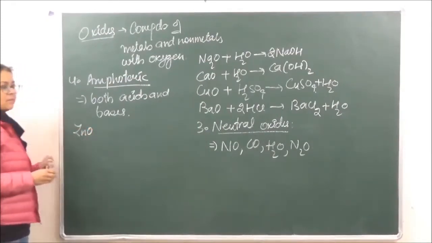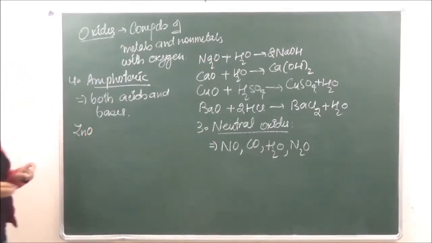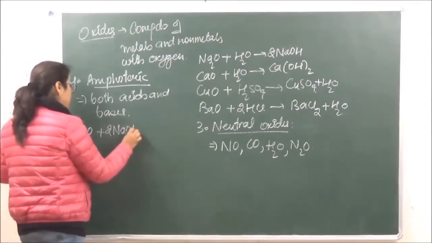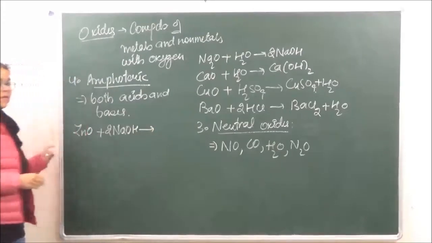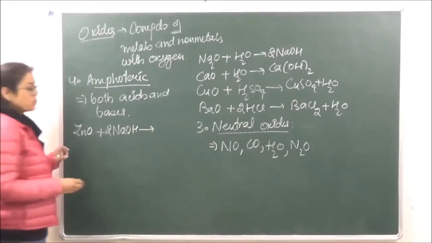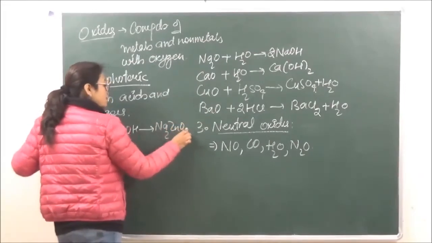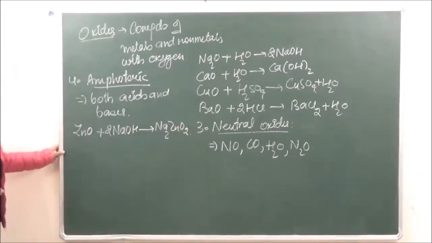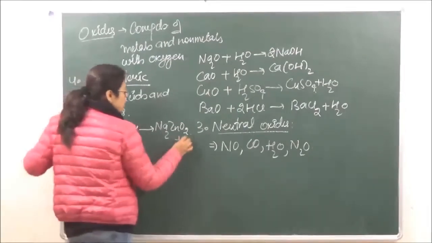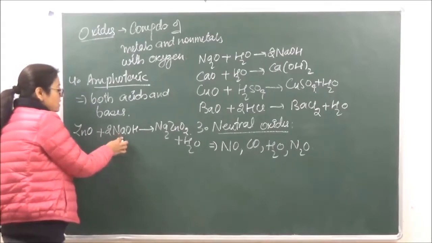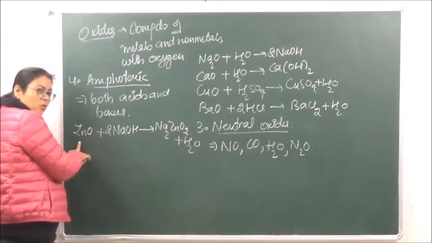We are taking the example of ZnO. Let's take a base over here. Now zinc oxide is going to react with this to give us sodium zincate, Na2ZnO2, and water. So this is again giving the neutralization reaction. If this is the base, zinc oxide is going to behave as an acid over here.